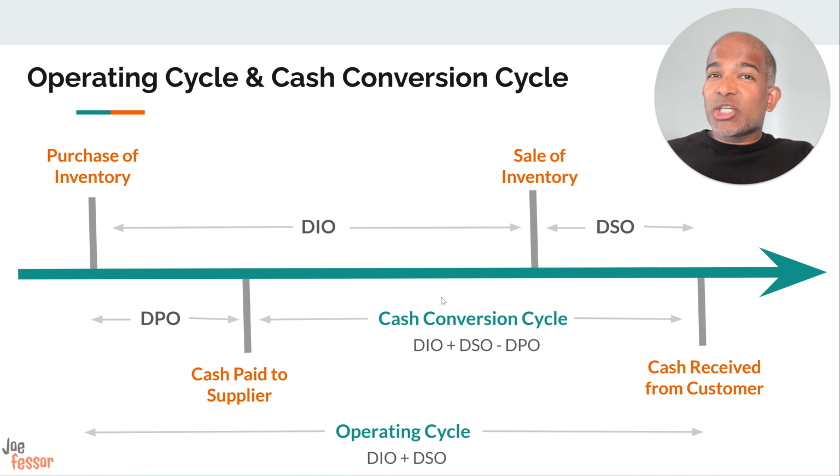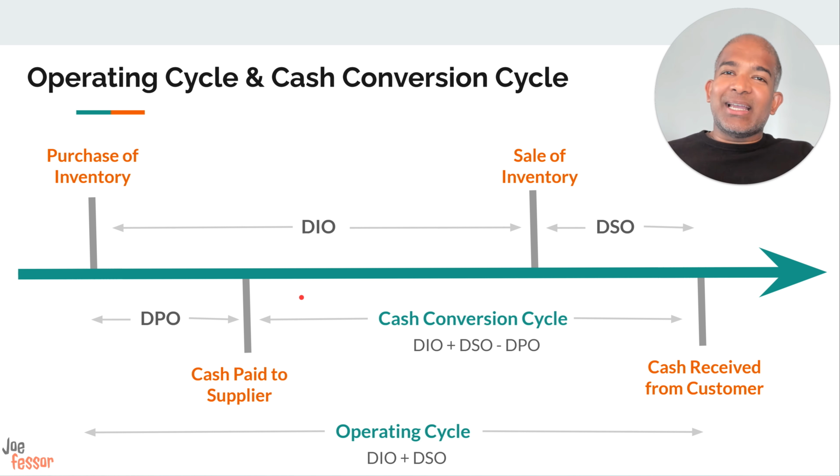The cash conversion cycle, also known as the net operating cycle, measures how long a company needs to finance its operations. It's calculated by adding days inventory outstanding and days sales outstanding and then subtracting the days payables outstanding. So DIO plus DSO minus DPO.